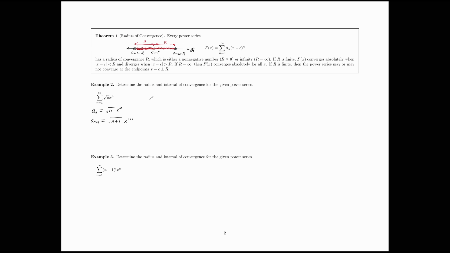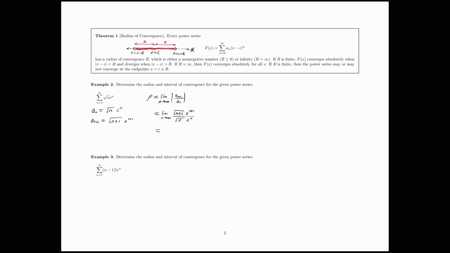So then this ratio here, rho, is the limit as n goes to infinity of the absolute value of a sub n plus 1 over a sub n. Now, since our series terms are already positive, the absolute value is redundant. It's unnecessary. We don't need it. So we'll just divide these. Root n plus 1 x to the n plus 1 all over root n x to the n.